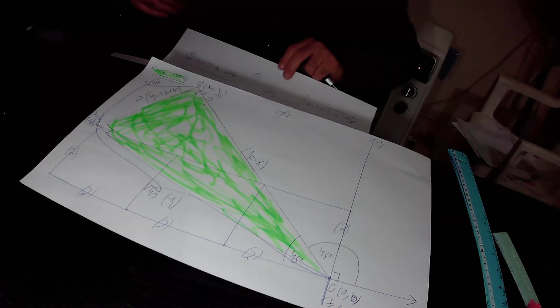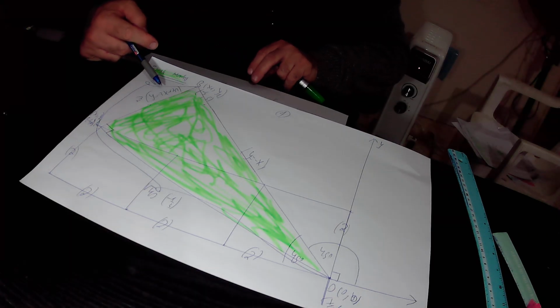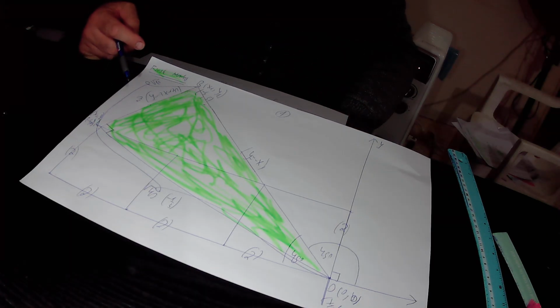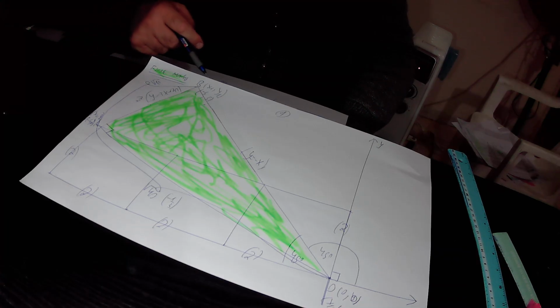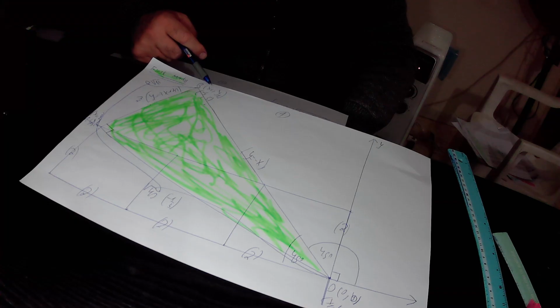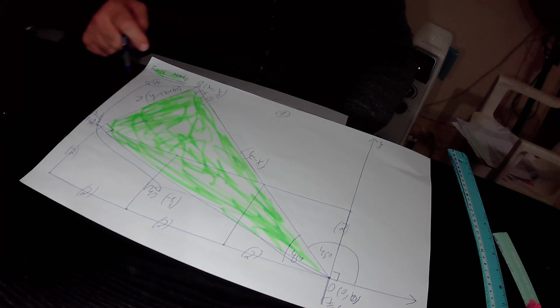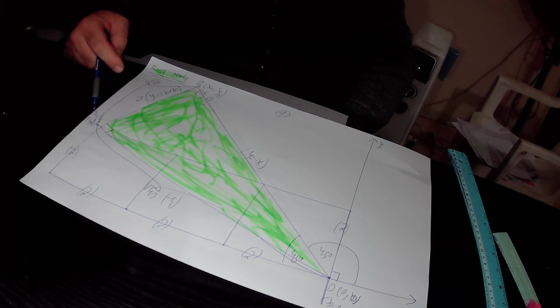So the distance between those 2 points A and B will be equal to (x2 minus x1) square. x2 is minus 5, x1 is minus 6, so minus 5 minus minus 6 is minus 5 plus 6, that is 1, and 1 square is 1.